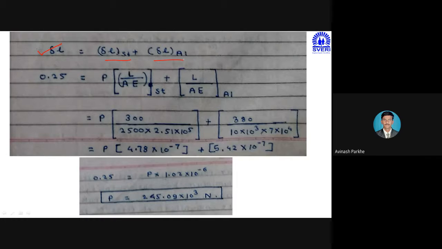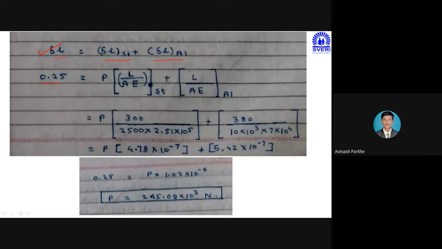Also here I have to make the addition, because that 0.25 mm deformation represents the total deformation of the bar. Total deformation in the sense there is a decrease in length. So therefore I have taken the total deformation equal to delta L of steel plus delta L of aluminum.